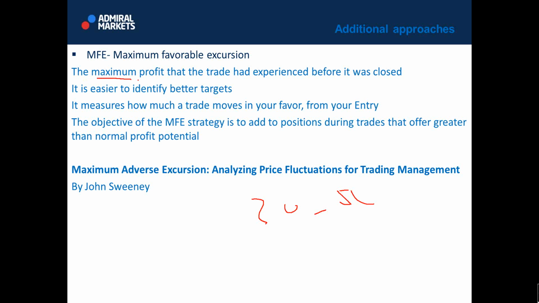So MFE is the maximum profit that the trade had experienced before it was closed. Pay attention to this, because if you do that, it will be easier for you to identify better targets. It will measure how much a trade moves in your favor from your entry.